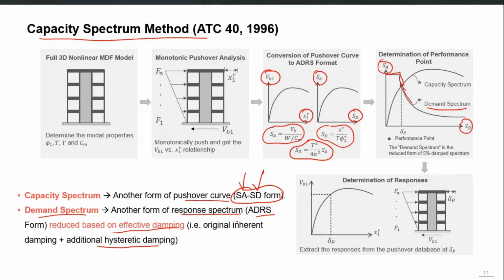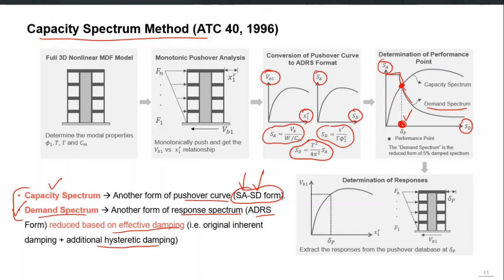So we overlay these two curves, capacity spectrum and demand spectrum, both are in the SA versus SD form. We overlay on the same graph, and their intersection point is the compromise point between demand and capacity, and this displacement, roof displacement or SD, corresponding to their intersection is the target displacement.